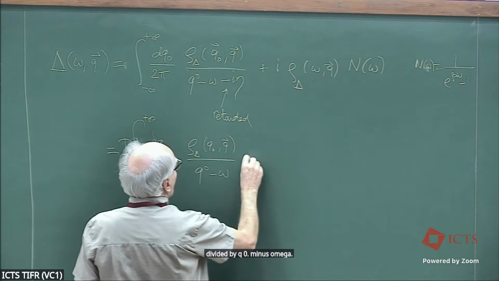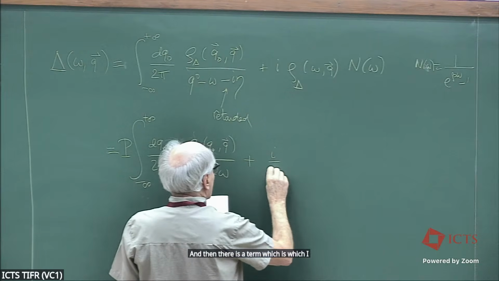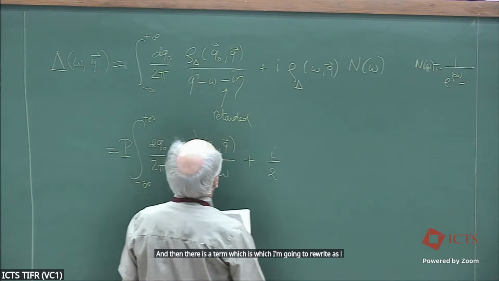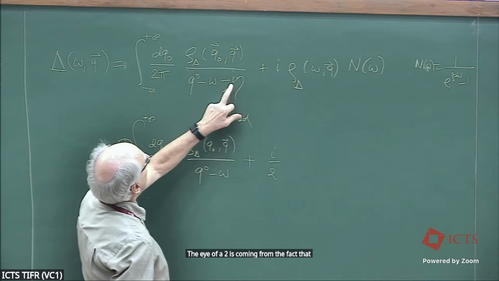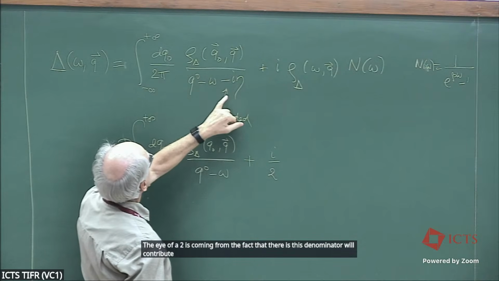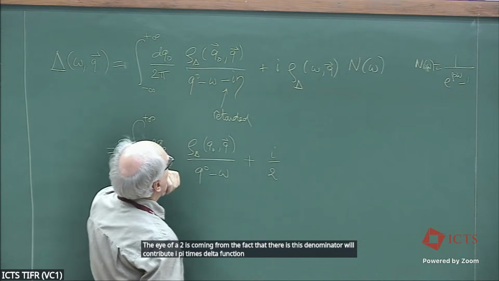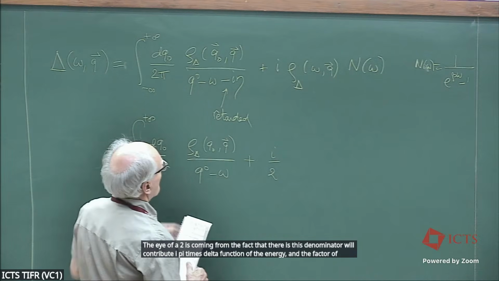And then there is a term which I'm going to rewrite as I over 2. The I over 2 is coming from the fact that this denominator will contribute I pi times delta function of the energy, and the factor of 2 will remain here.